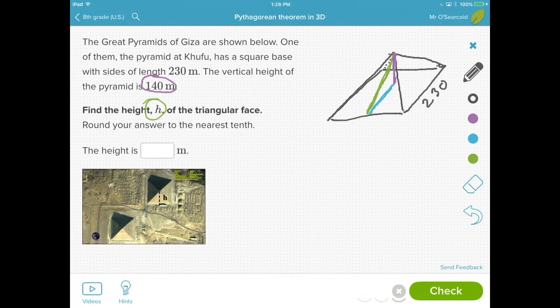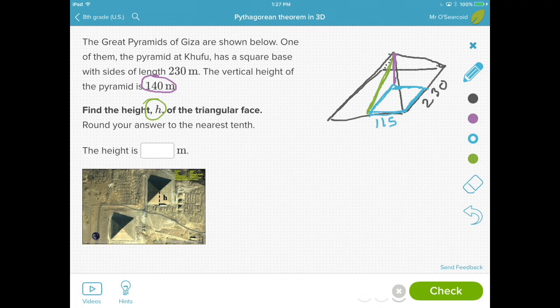The base is 230 meters, so going in from one side to the center, half of that is only 115.